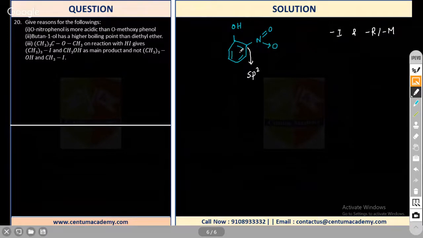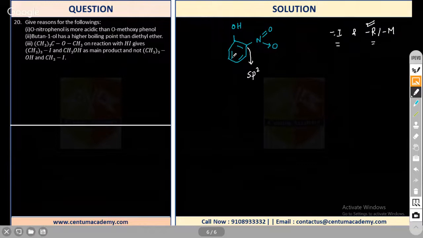Right? So if you have any group attached to this ring which shows minus I and minus R both, except halogen, keep this in mind, except halogen, always the minus R or minus M effect dominates the minus I effect. So though this molecule shows both inductive and resonance effects, minus I and minus R, its minus R is dominating here.